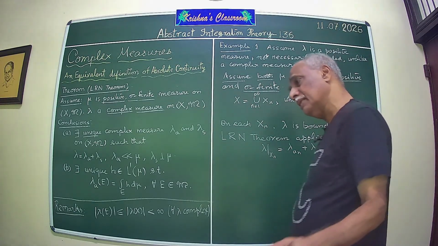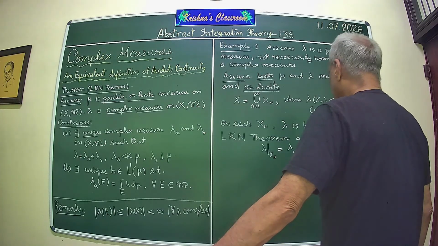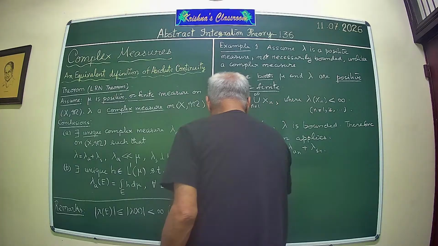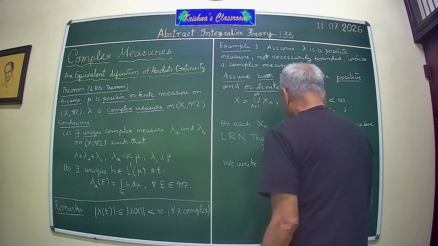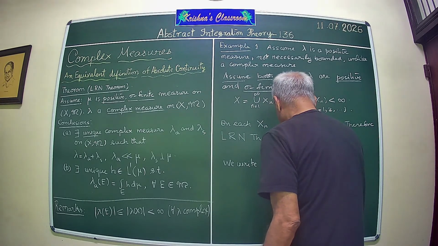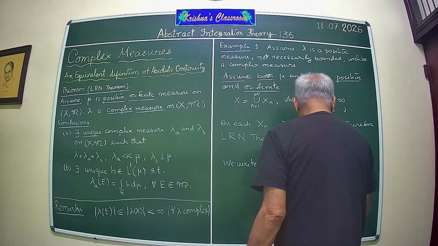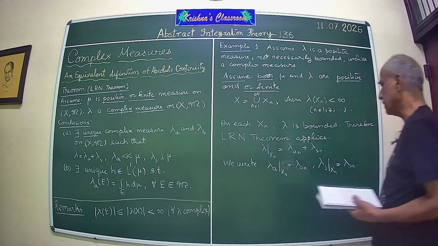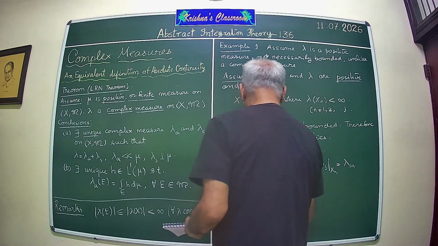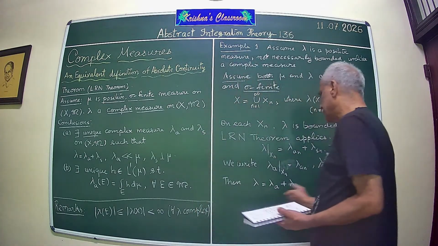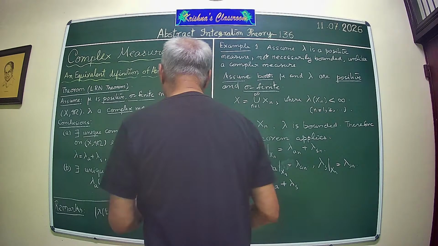Now you can combine them because X is the union over n equal to 1 to infinity of X_n, and so we write this as the definition of lambda_a and lambda_s. Then all these are uniquely determined, therefore this is uniquely determined. Okay, right? So wherever this becomes infinite, this also would become infinite.